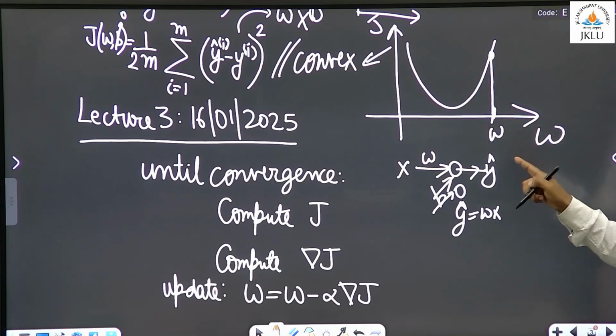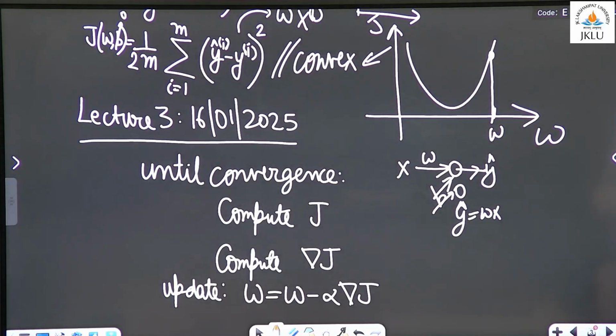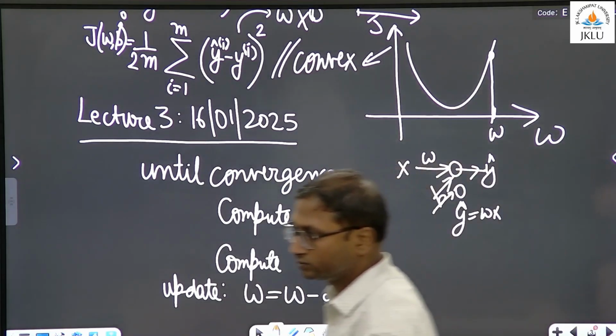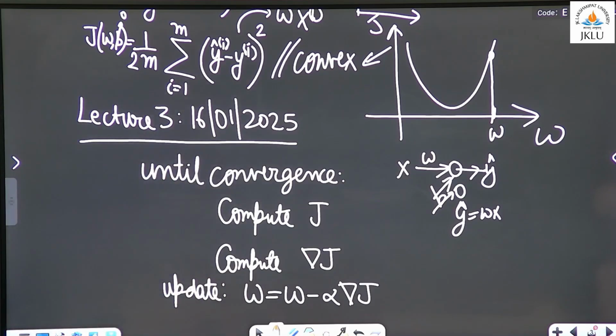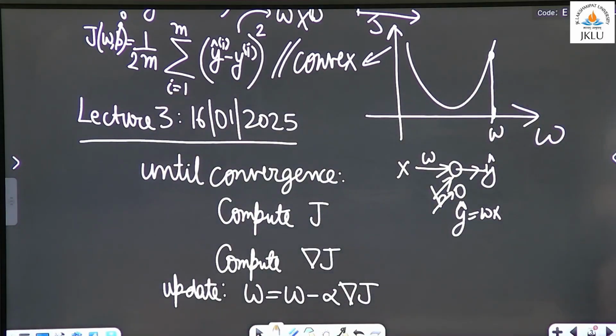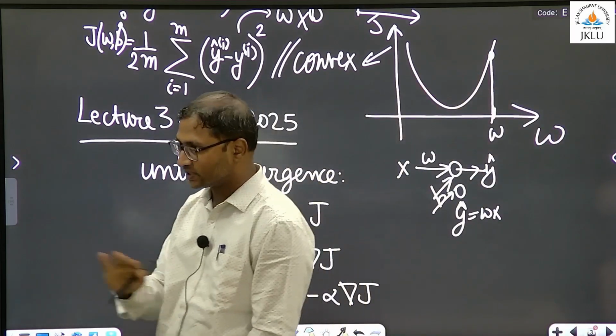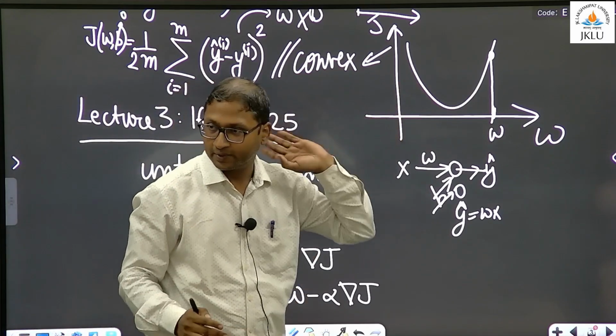What is the probability that this particular W is same as the point where you have minima? What is the probability that I'll start with the optimal point as a random initialization? Zero, right? Because you have infinite points, this is a continuous differentiable curve, so basically 0. You won't start from here.